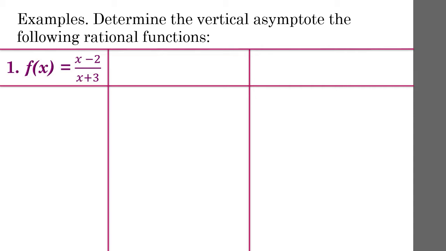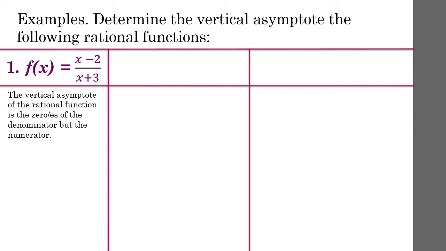As we have said earlier, the vertical asymptote of the rational function is the zeros of the denominator but not the numerator. So let us find the vertical asymptote of f of x equals x minus 2 over x plus 3. We are going to focus our attention on the zeros in the denominator.